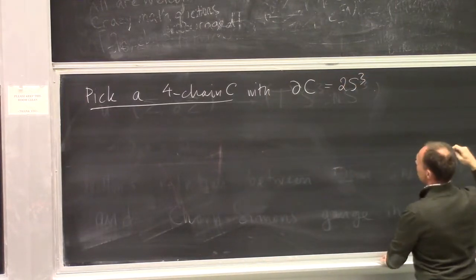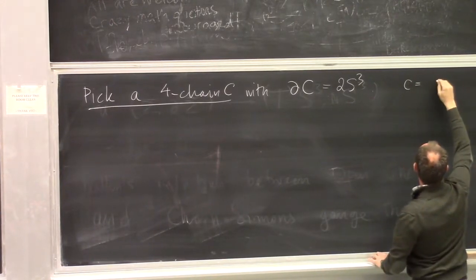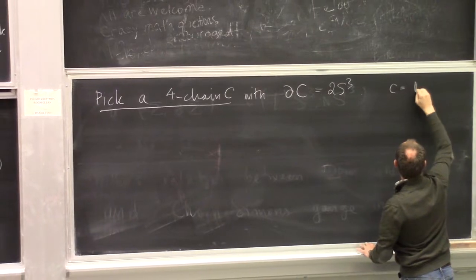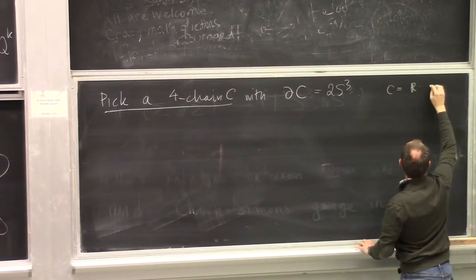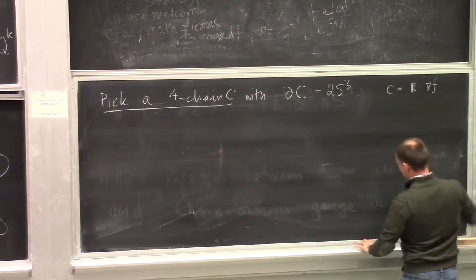And if you wish, in this simple case, we can take this C to be just R times the gradient of f.